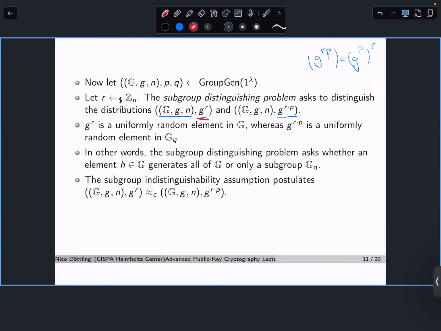In DDH, we said either uniform from G squared or uniform in a random subspace. Well, here we're not having a random subspace. We're having a subgroup of order q, something uniform in a subgroup of order q. Good.